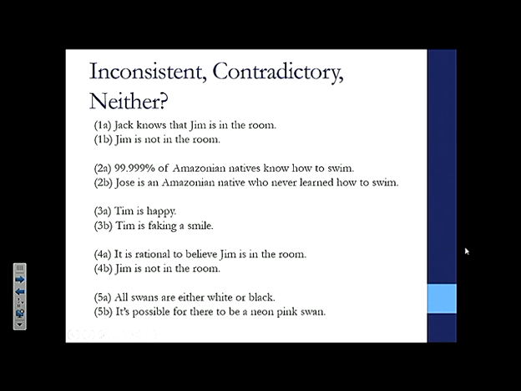And that would be an inconsistency. But this is just a claim about the superficial color of these things. All right? And we could paint a swan any color we like. So it could be true that all swans are one or the other color, and yet also possible that they be some third color. So these are consistent.